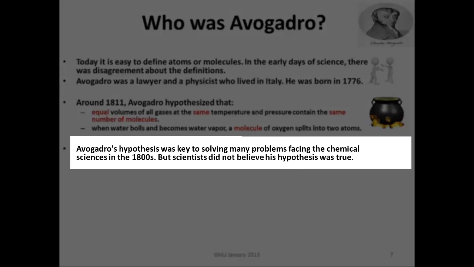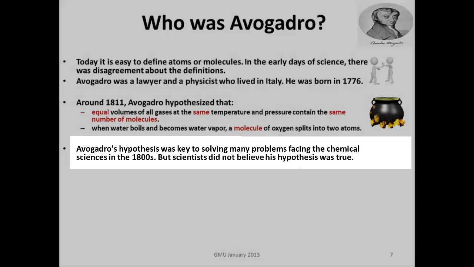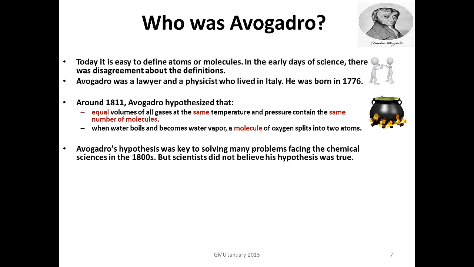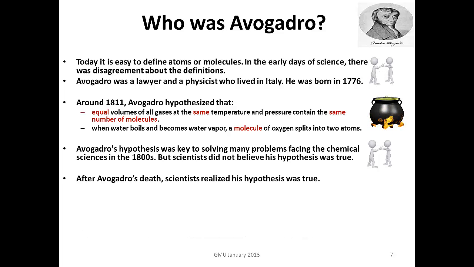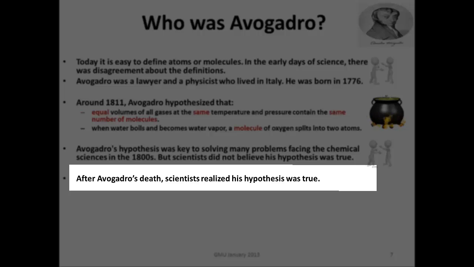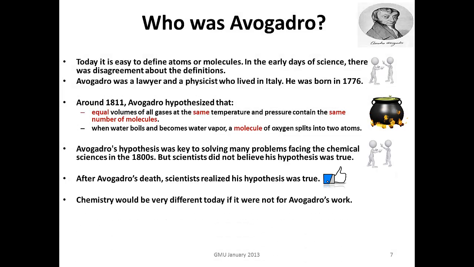Avogadro's hypothesis was key to solving many problems facing the chemical sciences in the 1800s, but scientists did not believe his hypothesis was true. Again, there's that disagreement. After Avogadro's death, scientists realized his hypothesis was true. Chemistry would be very different today if it were not for Avogadro's work.